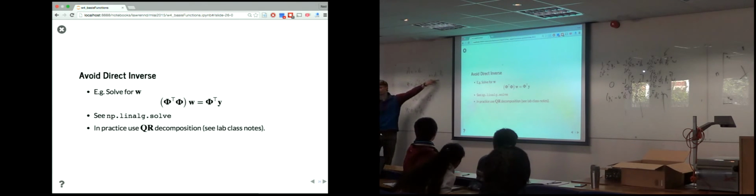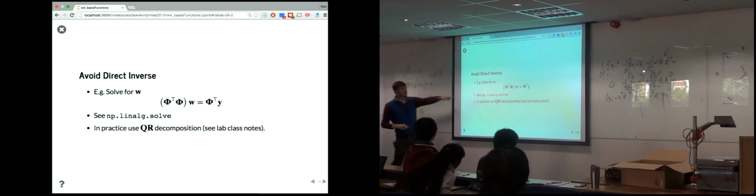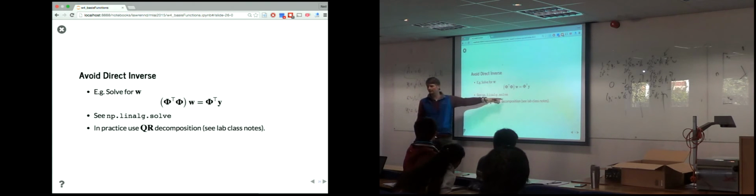But you mustn't solve it that way, because you can get severe numerical problems. You can write the math down because the math is exact. But when you do it on a computer, it's called solving this system for x, and there's a routine that does that for you in NumPy.